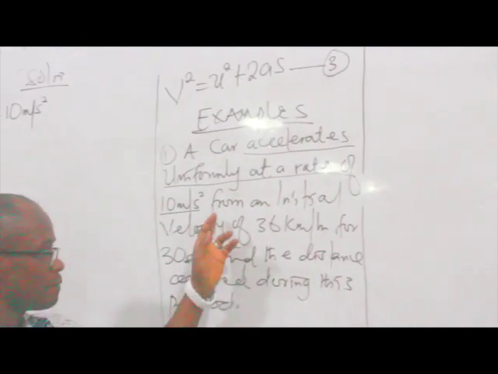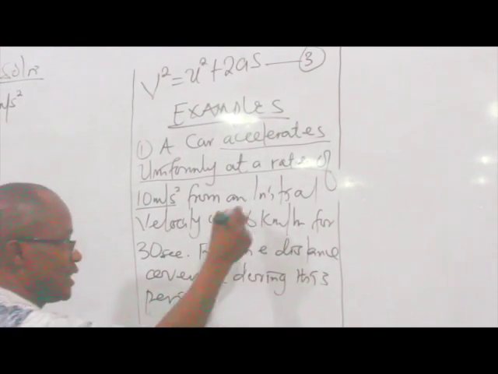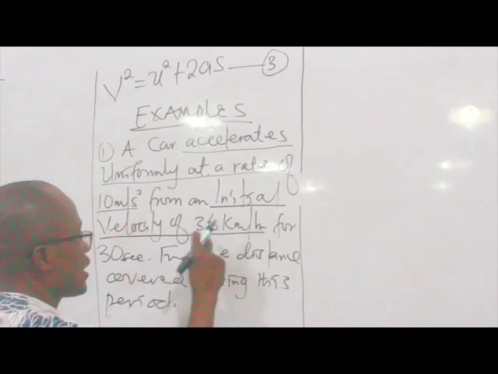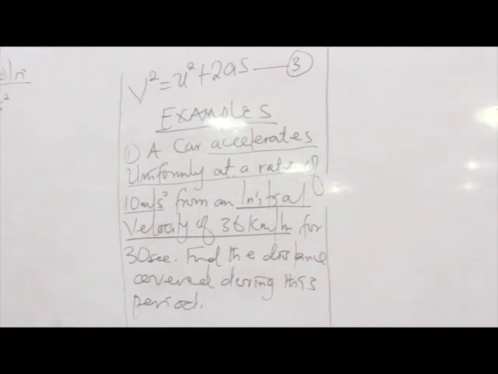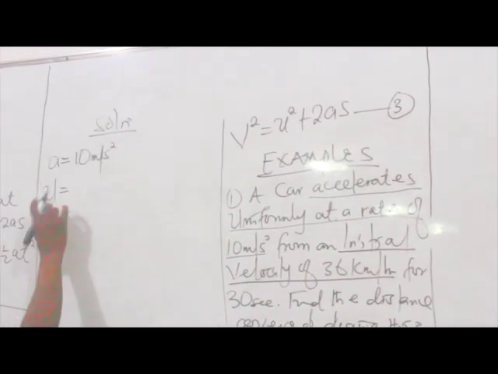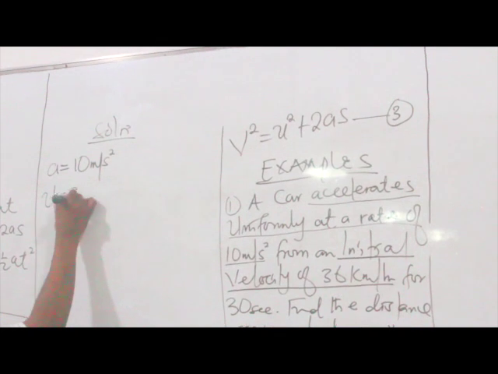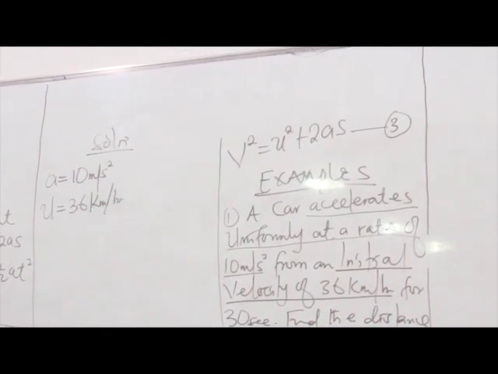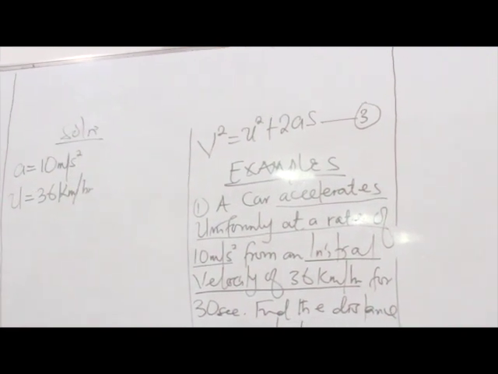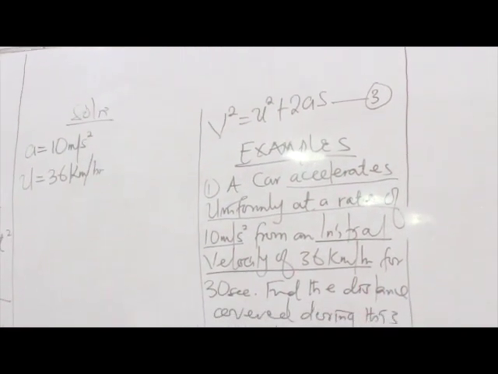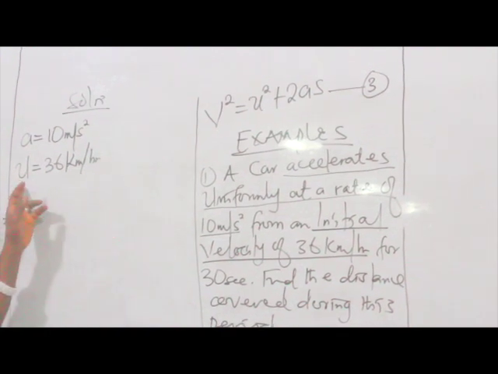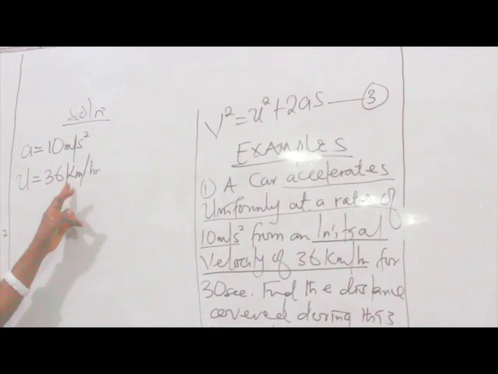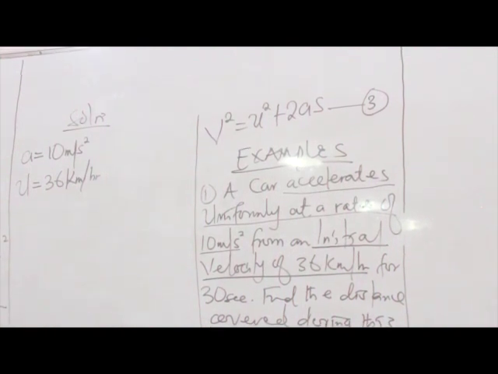Then the second one says from an initial velocity of 36 kilometers per hour. Then we have U equals, U stands for the initial velocity, 36 kilometers per hour. The problem here is that since acceleration is given in meters per second squared, that is meters and seconds, and initial velocity is in kilometers per hour, you must convert the kilometer and hour to SI units.